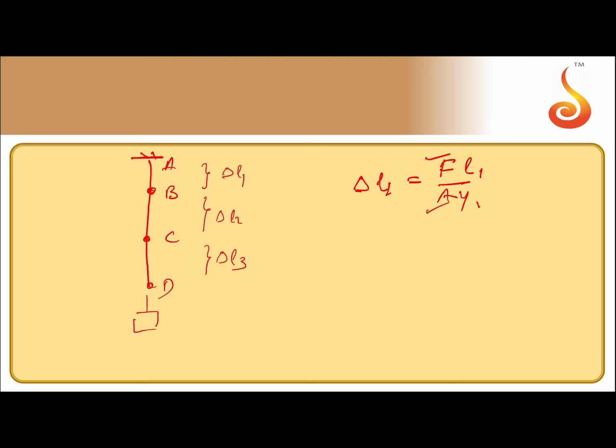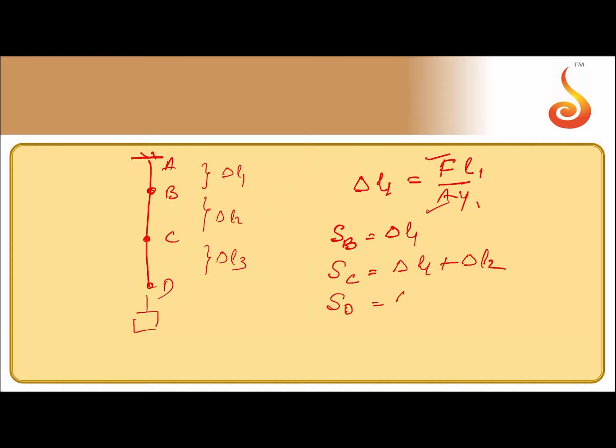Then find the displacement of the points. So displacement of the point B is delta L1. Displacement of the point C is delta L1 plus delta L2.